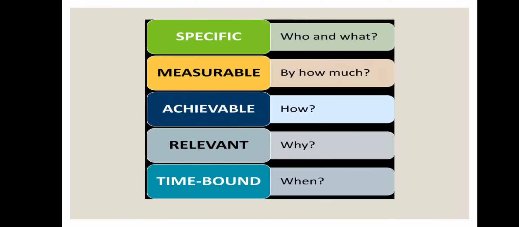Number five is T, time bound: set a specific deadline or time frame for achievement. By setting such goals, we can create a clear and effective plan to achieve our objectives.